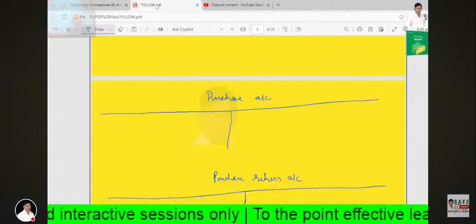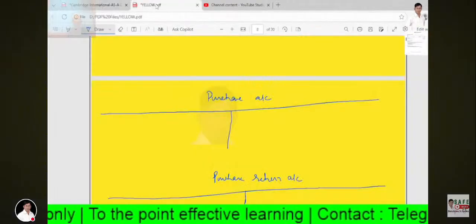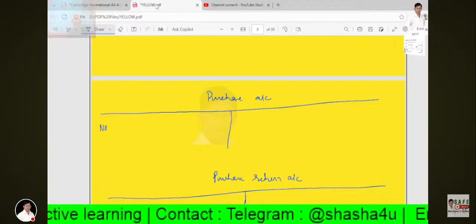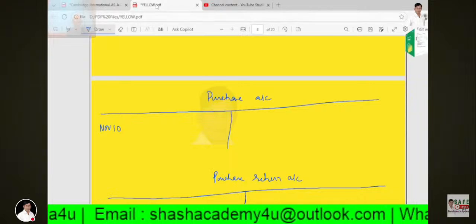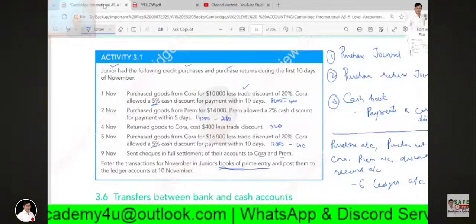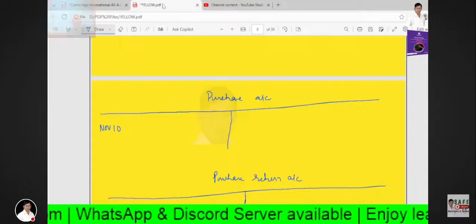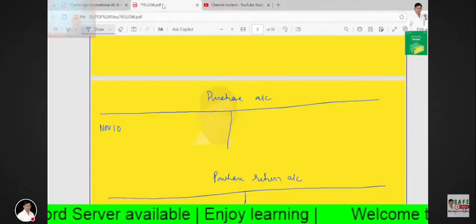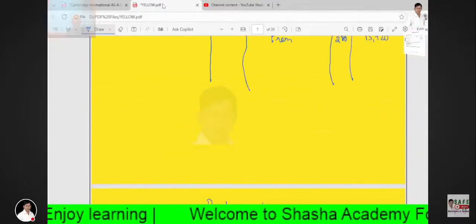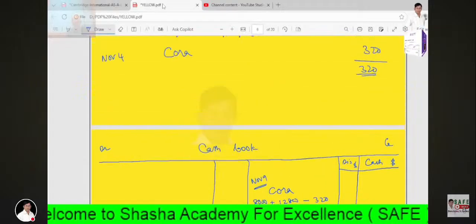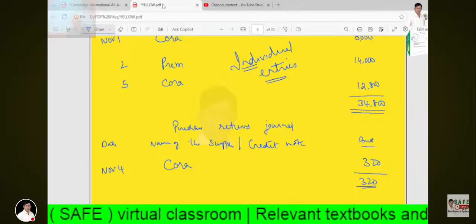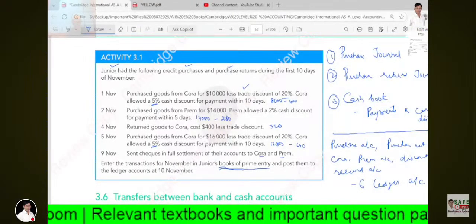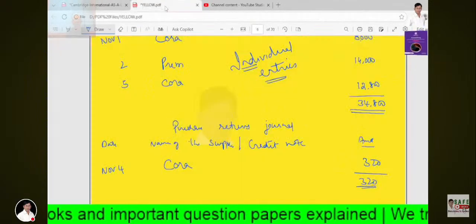So November 10th. What is the amount of total purchases? We have already prepared the purchase journal. So 34,800. So when we are recording, 34,800.